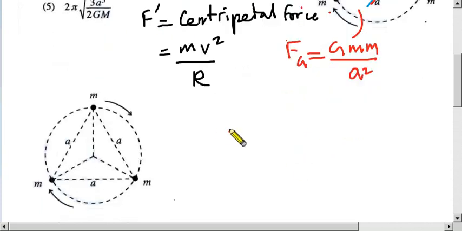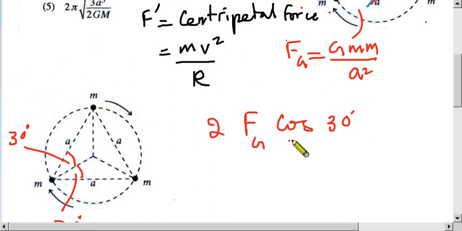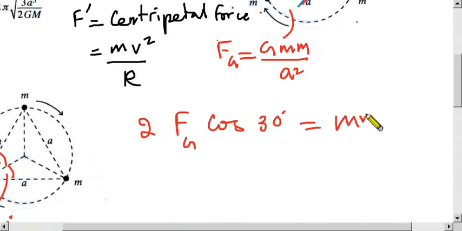So 2 times Fg cos theta, cos 30, because this angle is 30 degrees, since this total angle is 60, this half is 30. So 2 Fg cos 30 then equals this value. Therefore we can write equals mv squared divided by r.